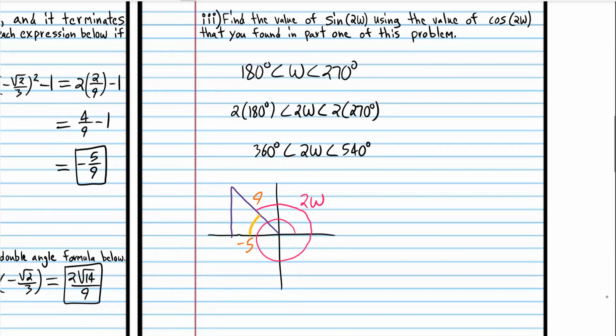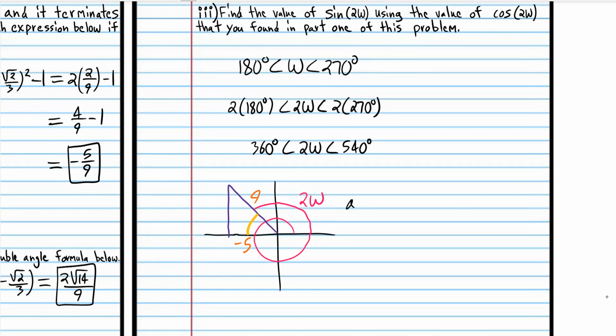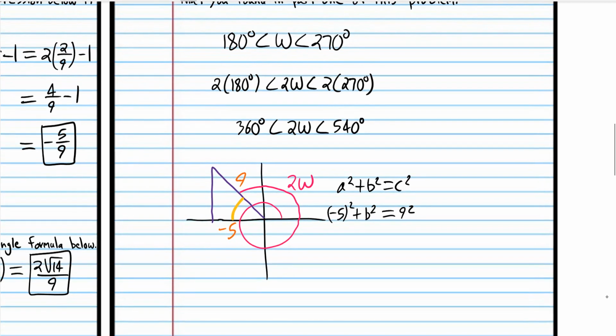So now we need to use the Pythagorean theorem. So 9 squared is equal to b squared plus -5 squared. So we have b squared equal to 81 minus 25, which is 56.